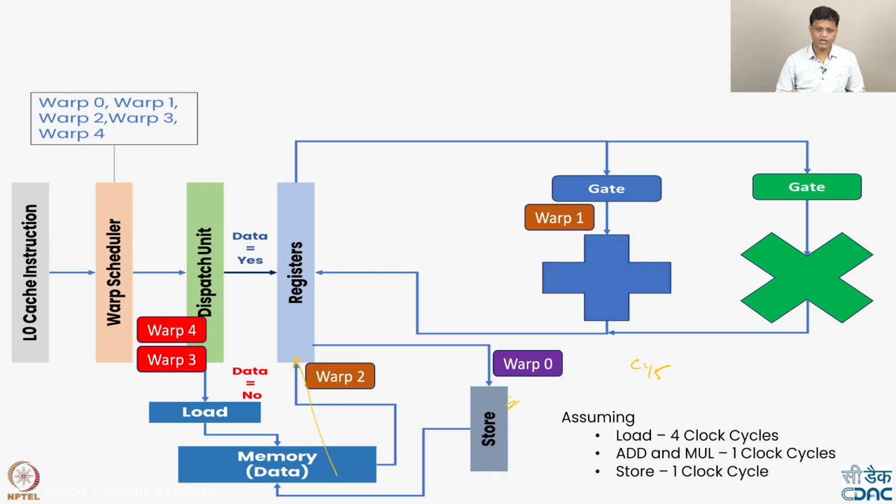Again I am stressing that for simplicity I have considered only one processing block of the SM, and the number of processing blocks can vary from architecture to architecture or even model to model, and even the number of instruction dispatchers may vary, 1 or 2.